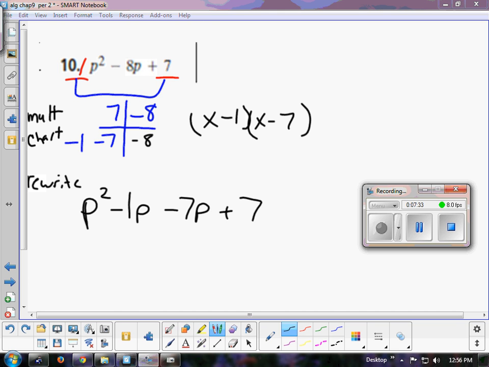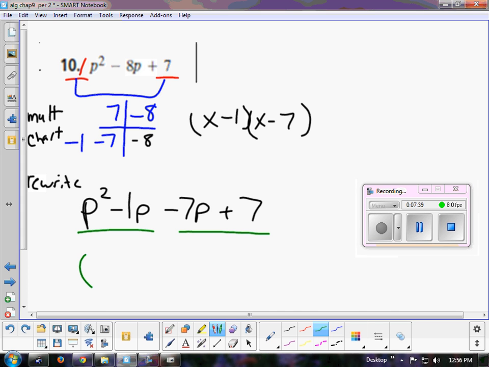Okay, now, at this point, you've created two groups, group 1 and group 2. And you're going to factor those two groups. So in group 1, what can come out of both things in group 1? They both have a p, and left behind is p minus 1. In this group, what can come out of both groups?